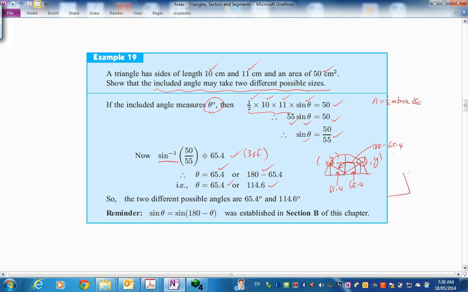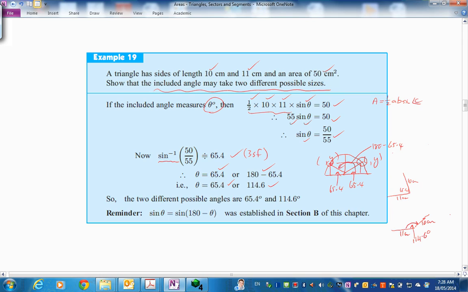65.4 is that, and this is, let's say, 11 centimetres, 10 centimetres, that's 65.4. Or it could be an obtuse angle. So this could be 10 again, 11 and 10, and this time it would be 114.6 degrees.